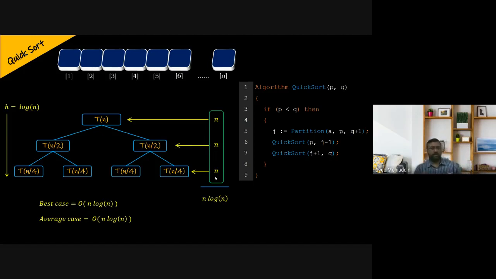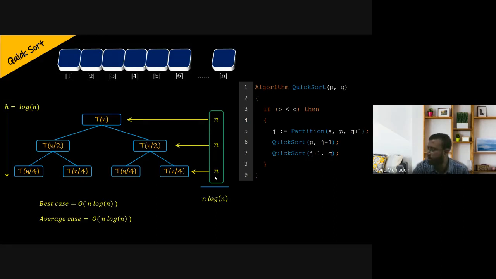The best case is when the elements are in a random state. Average case is when we consider that the partitioning element is always going to be the middle element. Then what about the worst case?